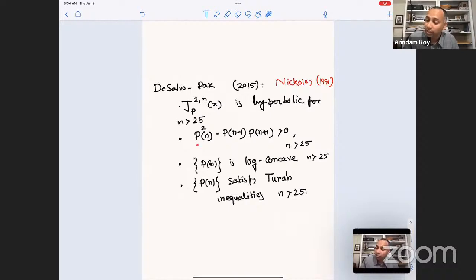So the relation turned out to be that P_n squared minus P_{n-1} times P_{n+1} is bigger than 0 for all n greater than 25. This is also called a log-concave sequence, or the sequence P_n is log-concave. So this is another word: the partition function is log-concave. And they also call the same thing, the partition function satisfying the Turán inequalities, for n bigger than 25.